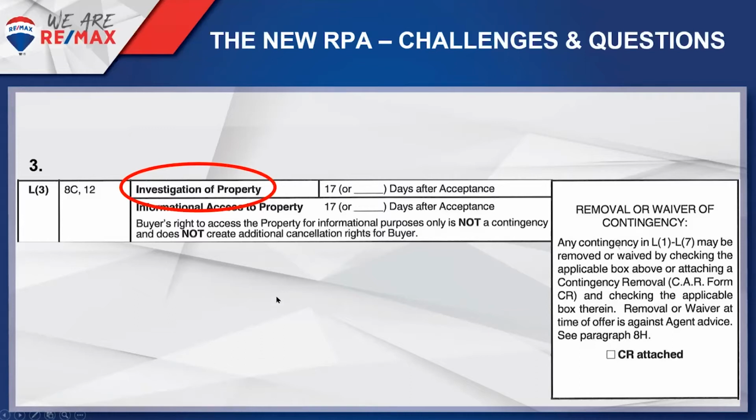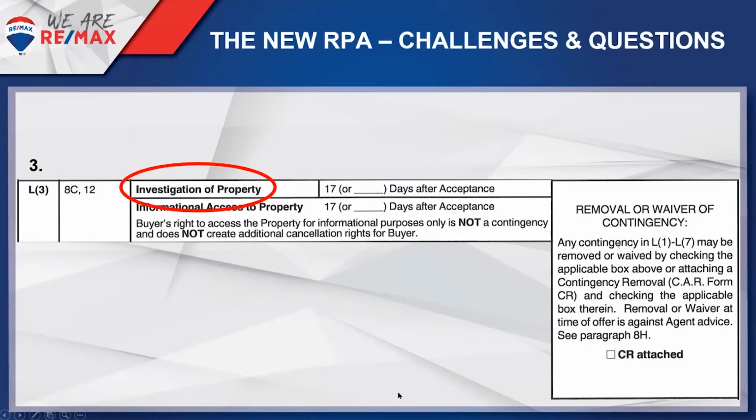But you're breaking up the investigation contingency on the CR. Now, if you are removing the investigation contingency with the purchase contract, then you would check this CR attached down below and actually attach the CR and state what you are in fact removing with the property.